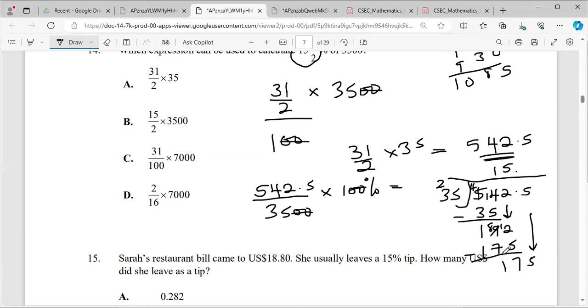And then 35 into 175. That is exactly 5, right? So that's what we just did a while ago. So that's proven 15% is the answer. So it's correct, it's A.